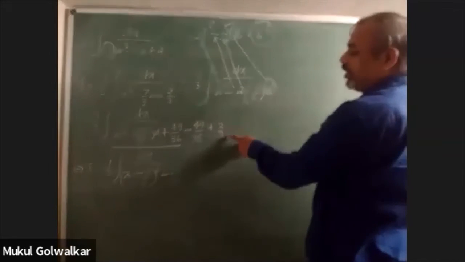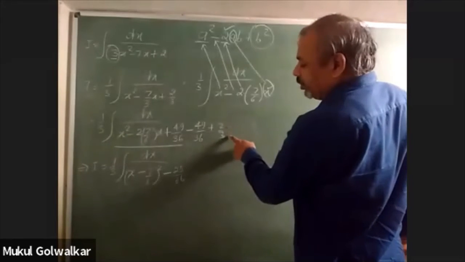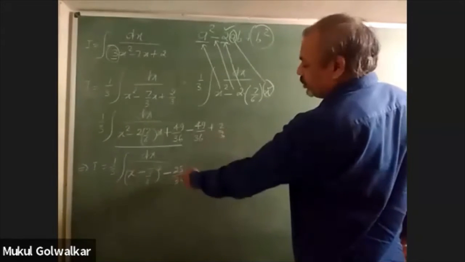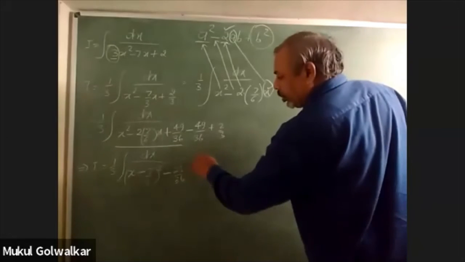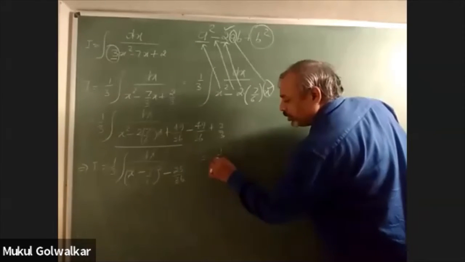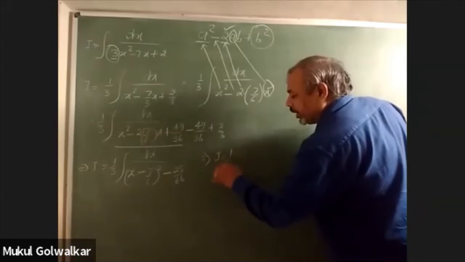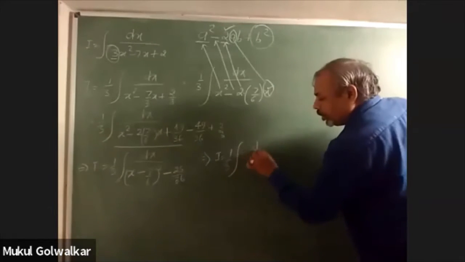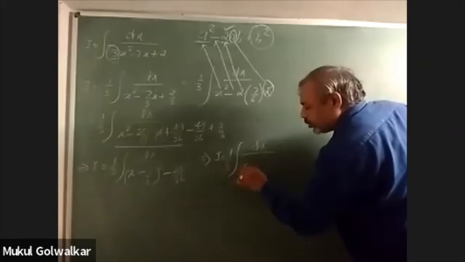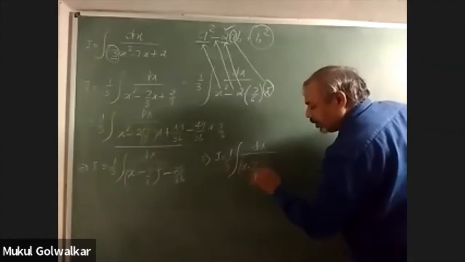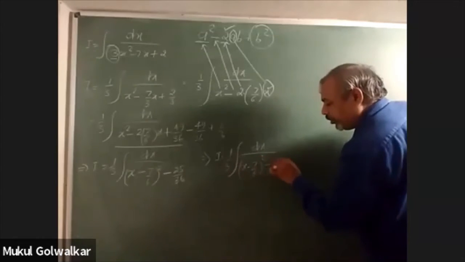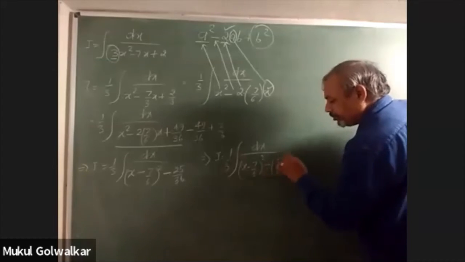Multiply by 12 and divide by 12 so that the denominator will be equal to 36, and then you can simplify that. Now what I am writing: I is equal to 1 by 3 times the integration of dx upon x minus 7 by 6 whole square minus 5 by 6 the whole square.